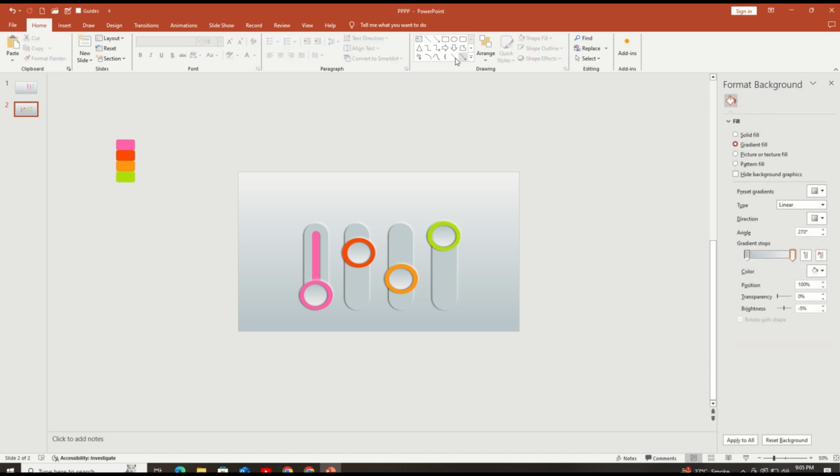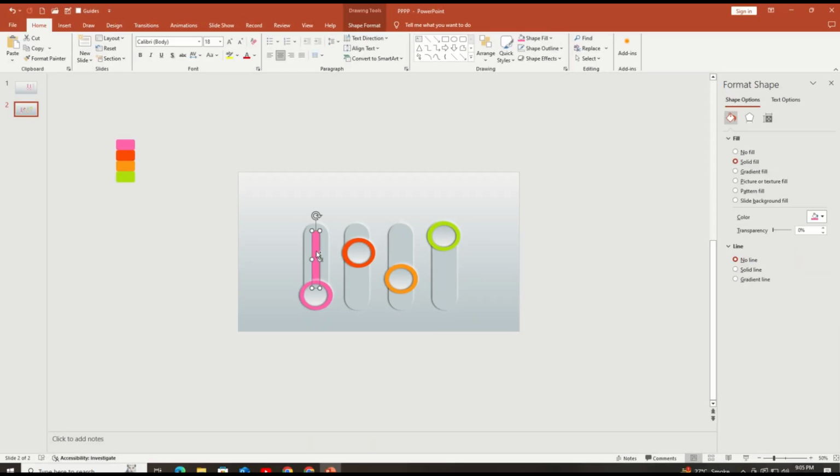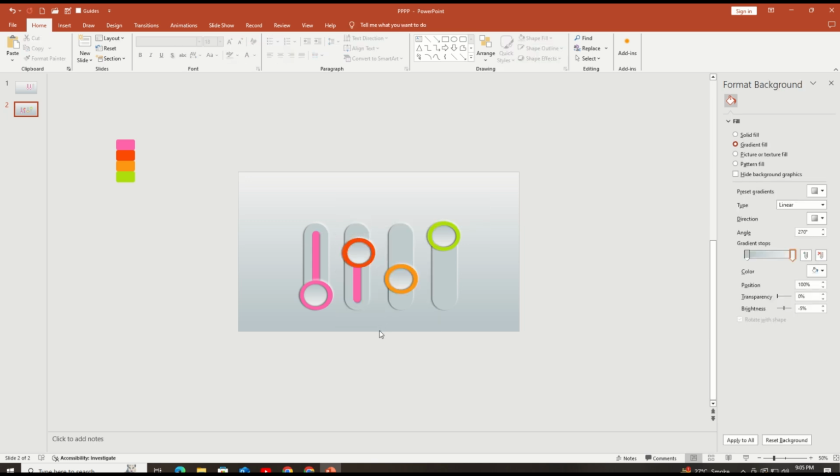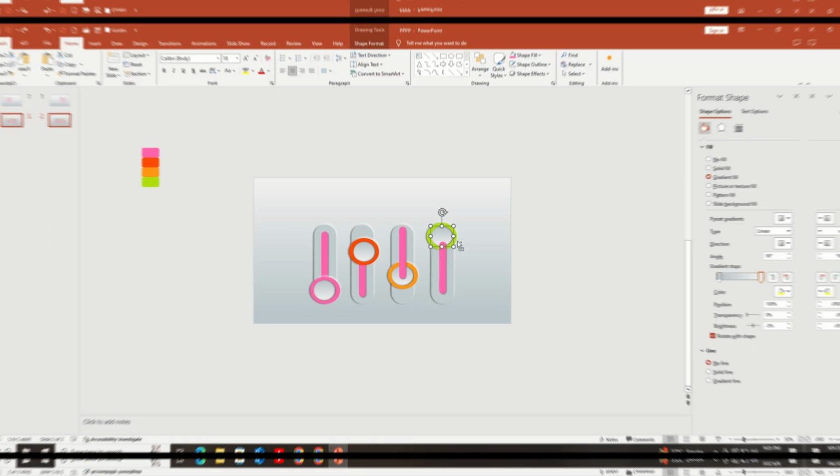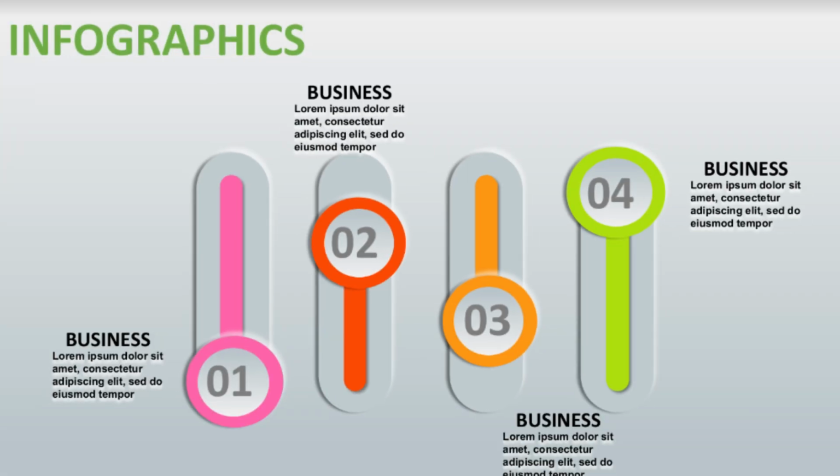Adjust them, and there you go. Duplicate the rounded corner rectangle line, and you're gonna place it on each of the shapes, and you're gonna send it to the back. Something like this. You're gonna add your text, change the colors, and so this is the final result.